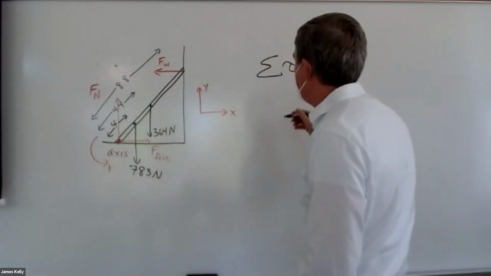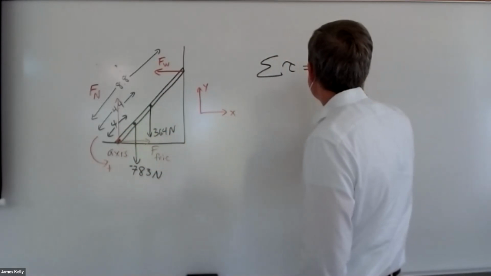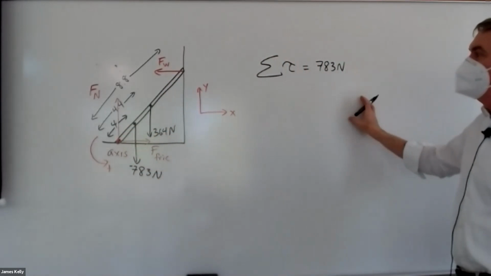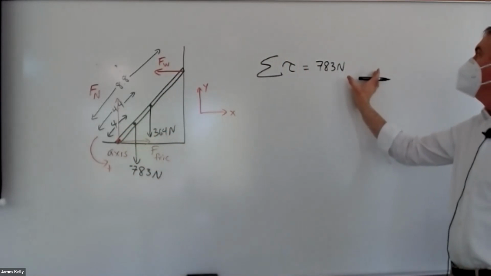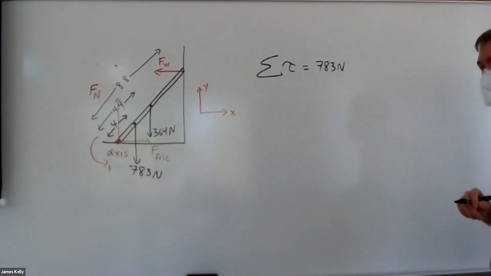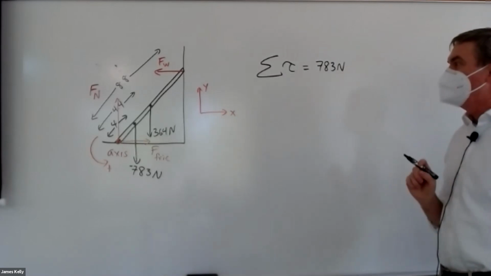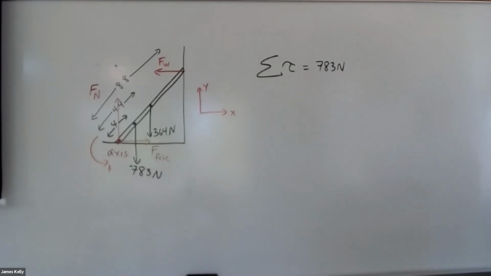Here's a force, 783 newtons. What's the corresponding moment arm, or how can I figure out the moment arm? I guess I've got some more work to do here. What do I need to know to figure out the moment arm for the weight of the person who's standing on the lower part of the ladder?